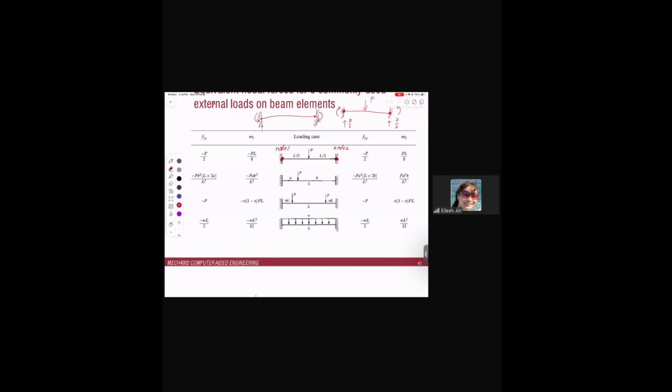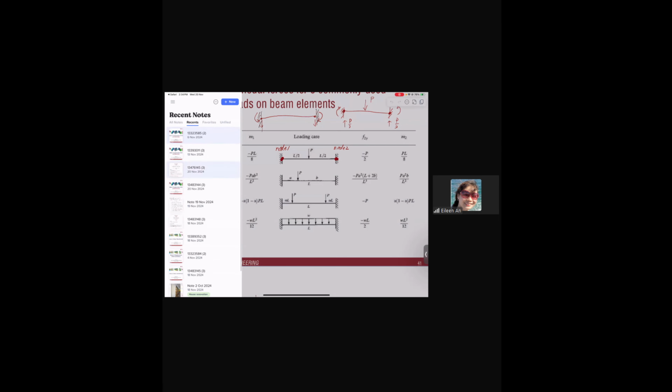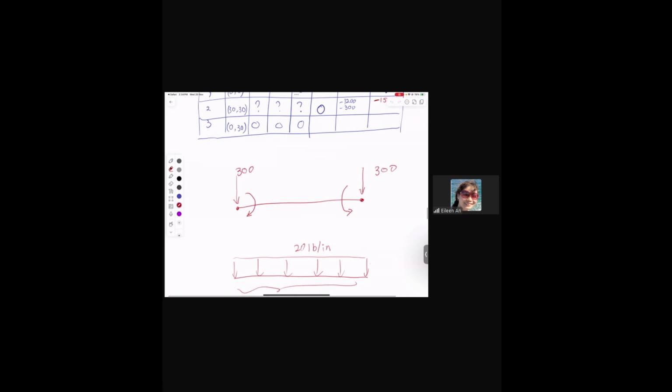Okay, now back to our question. To make the same deformation, we have to apply a moment at both sides.